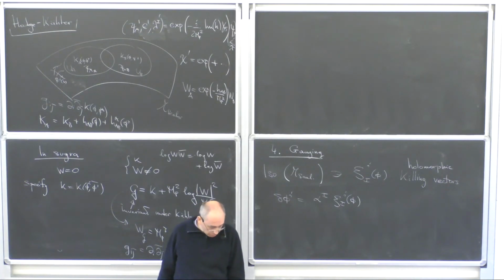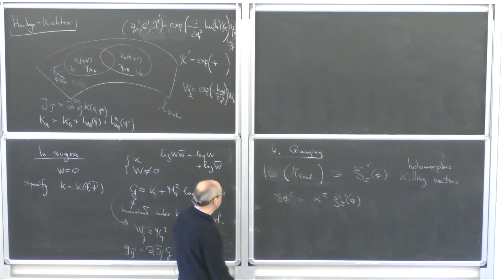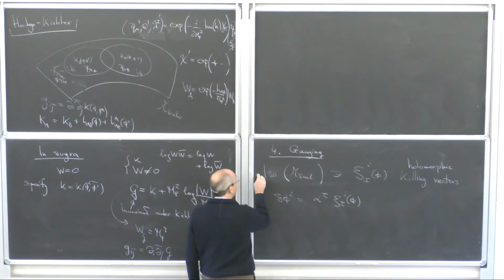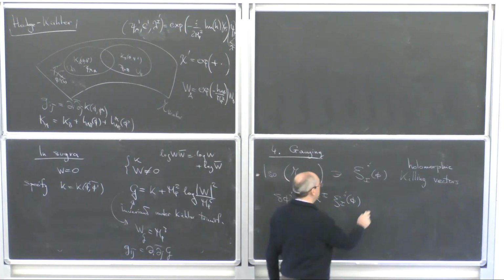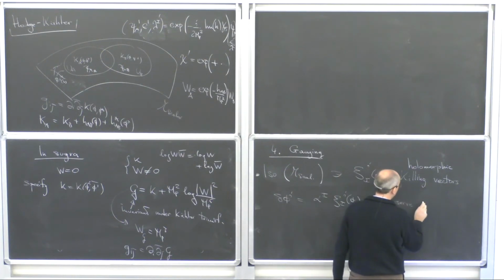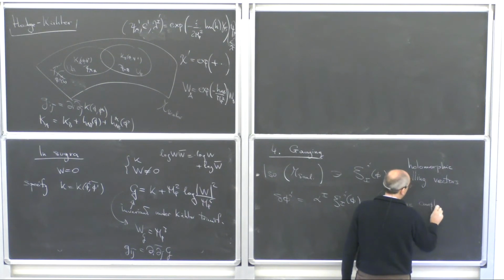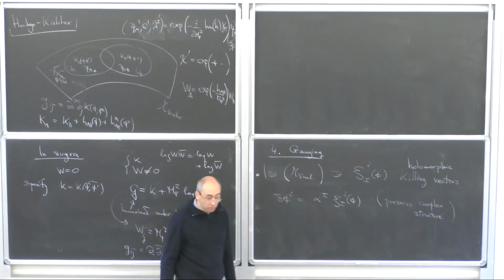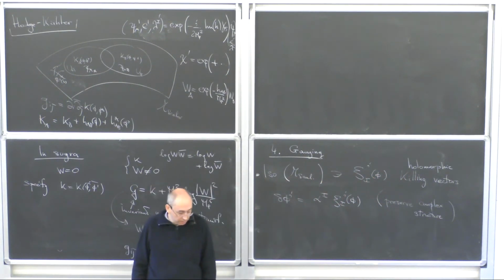So this is the first requirement: I want to preserve the complex structure, because I want to be compatible with supersymmetry. If I don't do that, then I will break supersymmetry at some point because I'm mixing phi and phi bar.